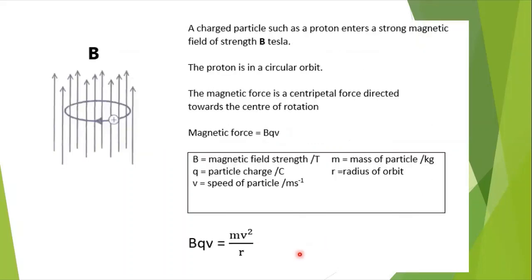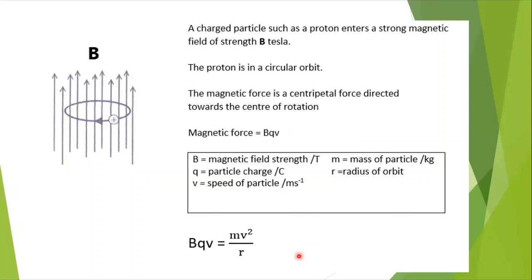Now, as we come to the end of this presentation, I'm looking here at a charged particle, such as a proton, entering a strong magnetic field of strength B Tesla. Yes, magnetic field strength is measured in Tesla. Now look, you probably haven't looked at particle physics yet, and you probably haven't looked at magnetic fields.